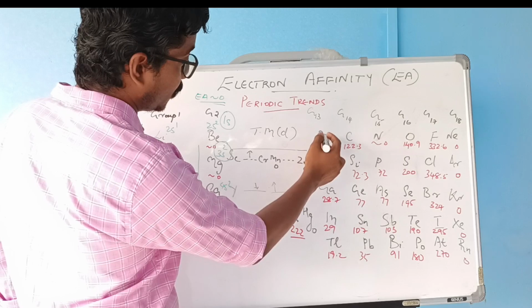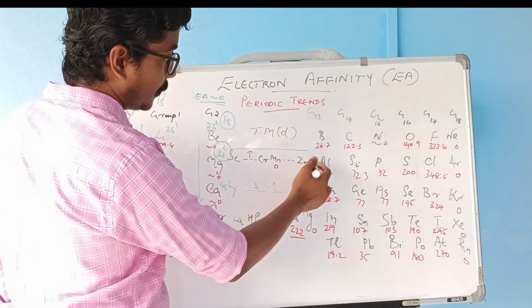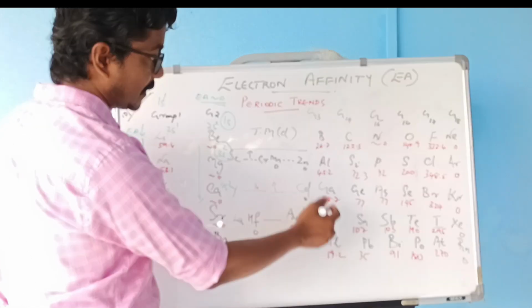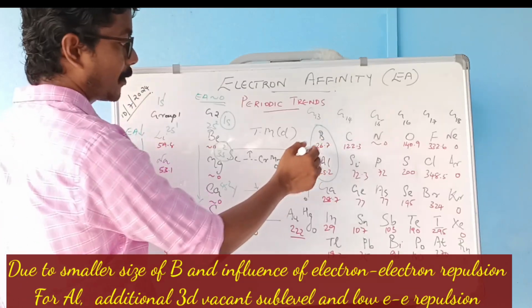So we move on to the boron group. The trend is almost similar. The electron affinity decreases, and there is an anomaly of boron and aluminium.